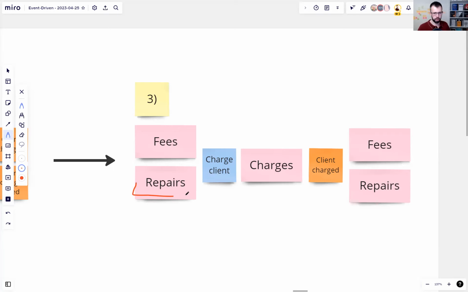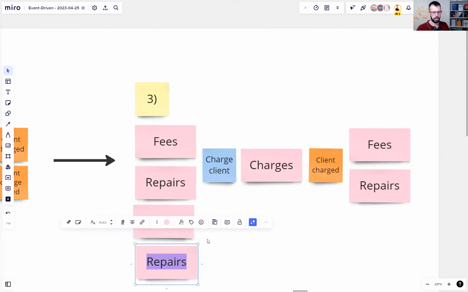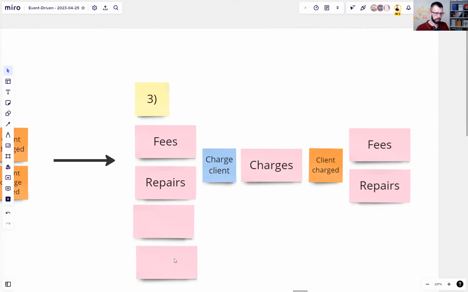That, for example, repairs will send the command charge client to the charges, and client charges will be returned to the particular module. Because of that, we'll be able to add another and yet another module there. And our charges will still be able to be reused by different parts of the system.